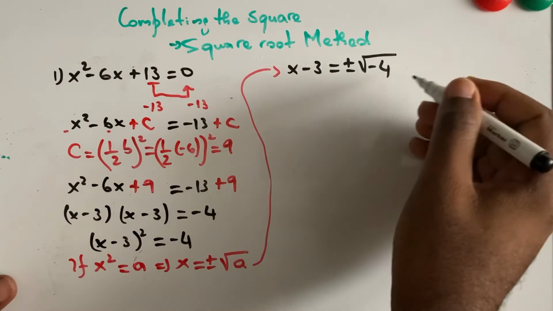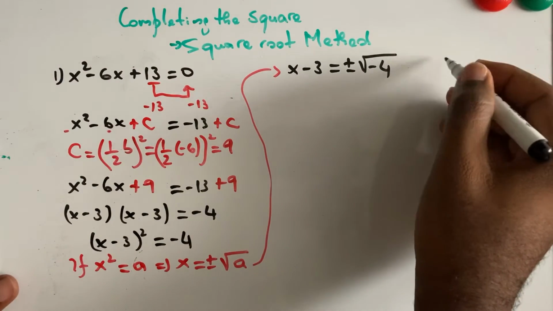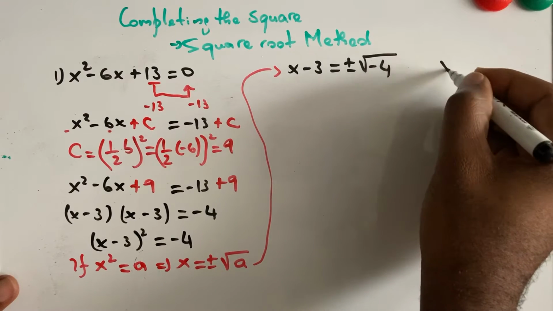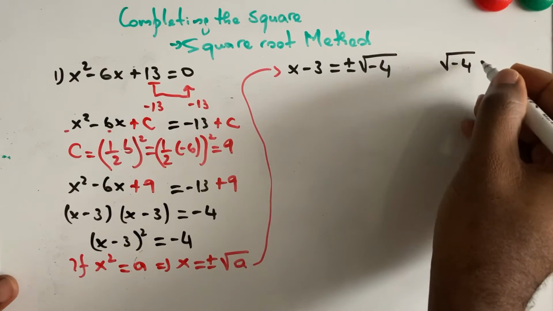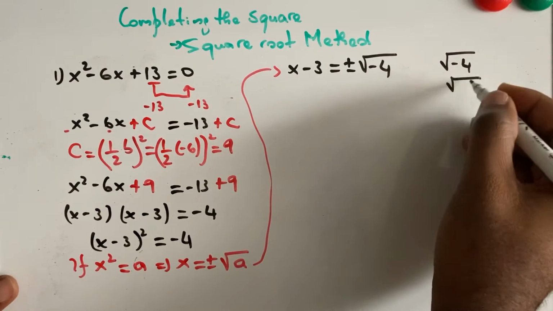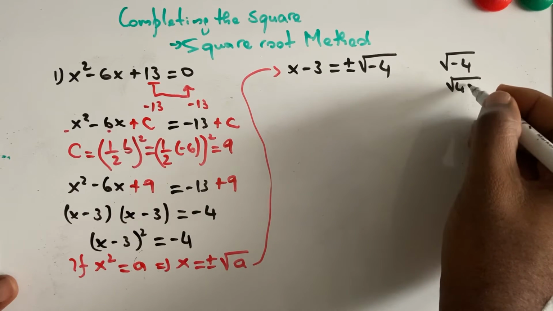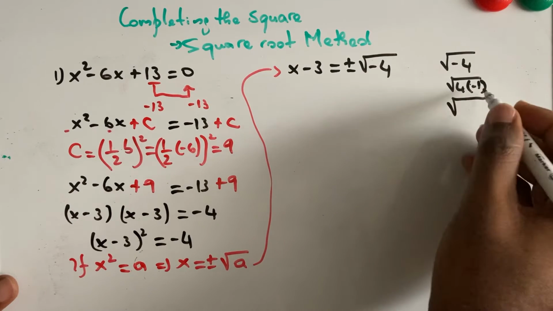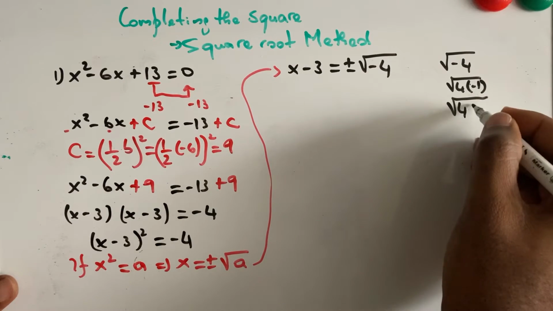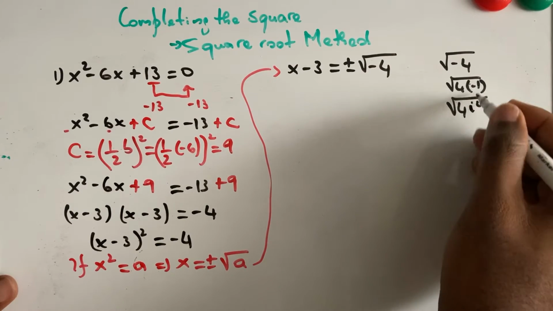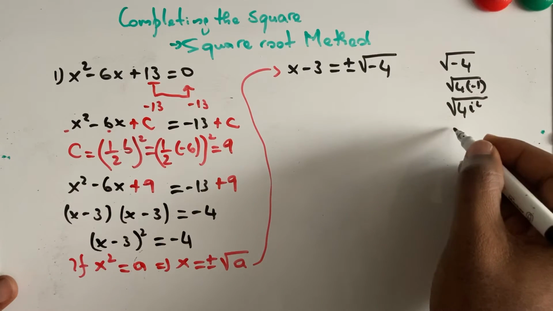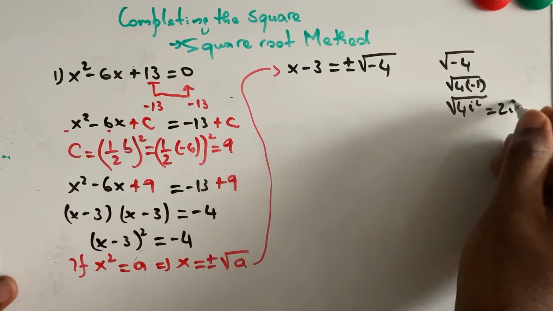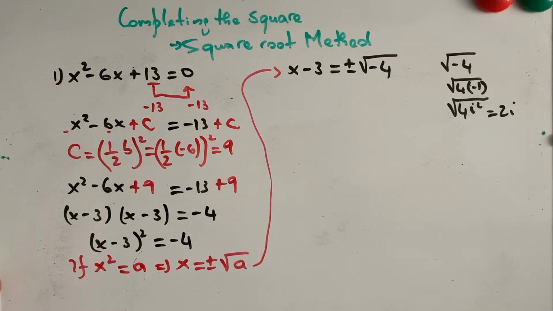Now, one thing to know is that if you have the square root of negative 4, it's the same as the square root of negative 1 times 4. And negative 1, in complex numbers, is i squared. So the answer here will be 2i, right? The square root of 4i squared is 2i.